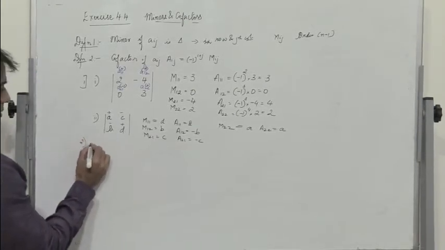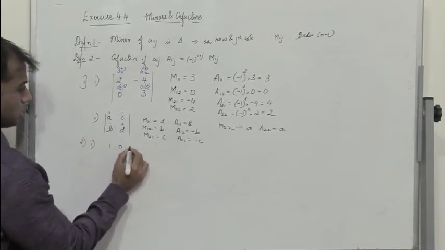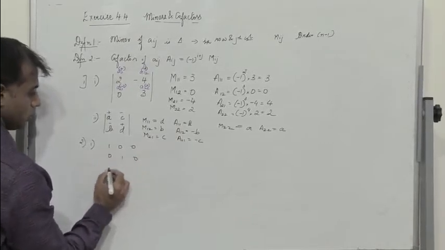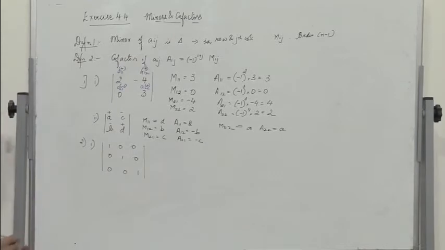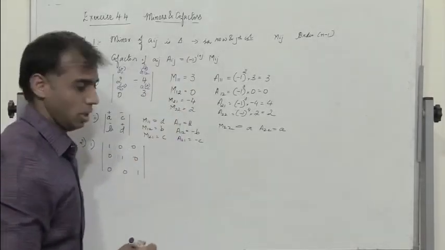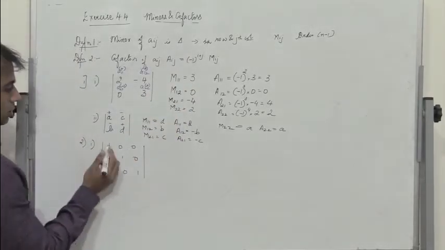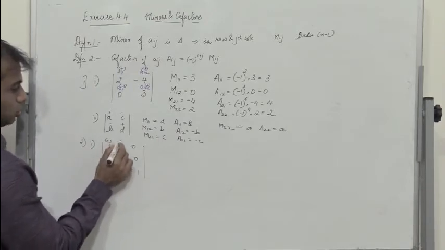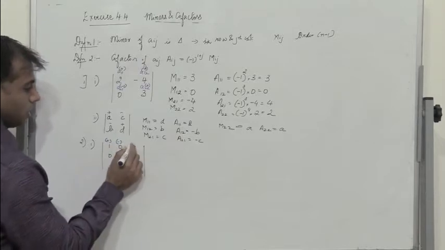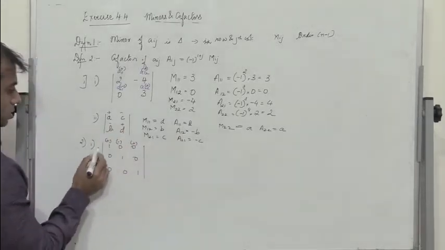So next, second one, we have 1 0 0, 0 1 0, 0 0 1. So again, to find the cofactors, I need to multiply the minors with minus 1 whole power i plus j. So this is 1 1, so I get a plus sign here. This is 1 2, minus sign, 1 3, plus sign, right?